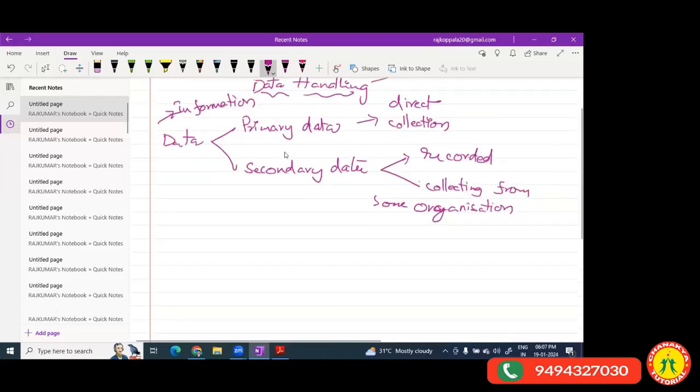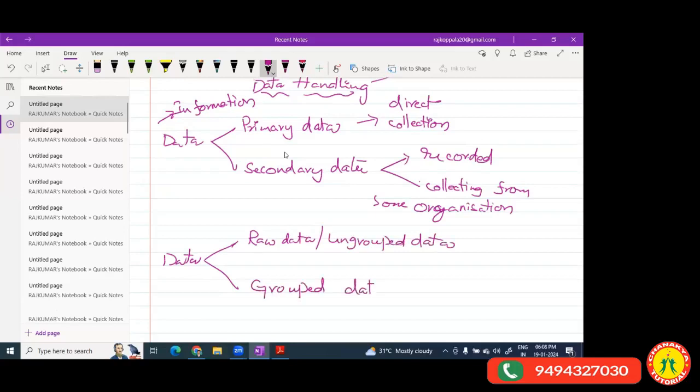To handle the data, first we have to know that data is again of two types. One is raw data or ungrouped data, and another is grouped data. Ungrouped data means, for example, 10 students' marks.